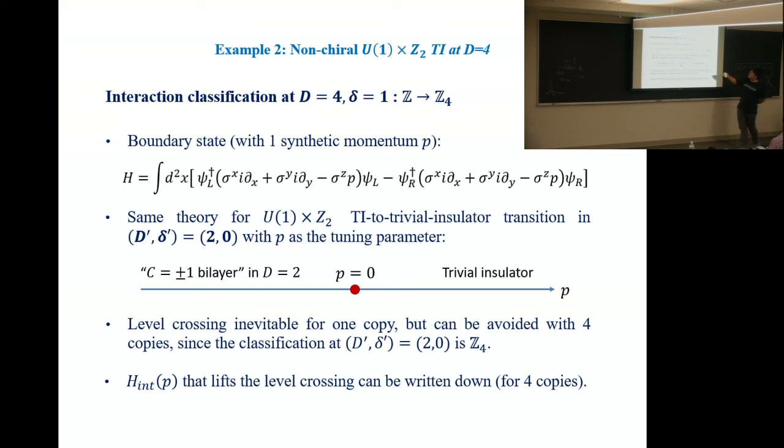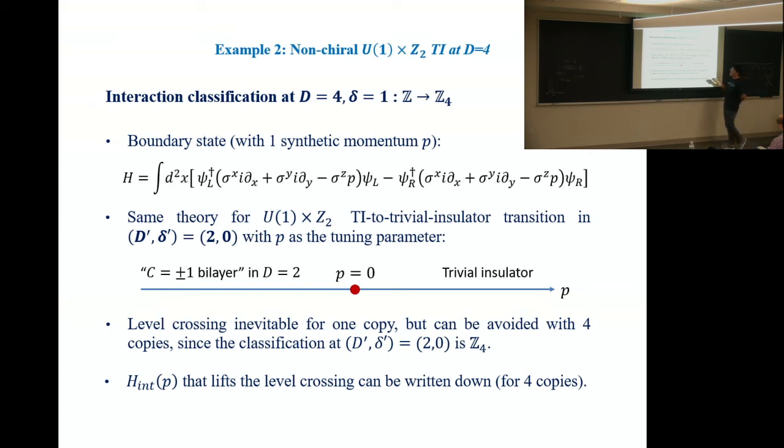And it turns out that this theory precisely becomes the theory which describes the phase transition between the topological insulator and the trivial insulator in this case, because p can be viewed as the mass term of V2, and x and y become the two physical spaces.